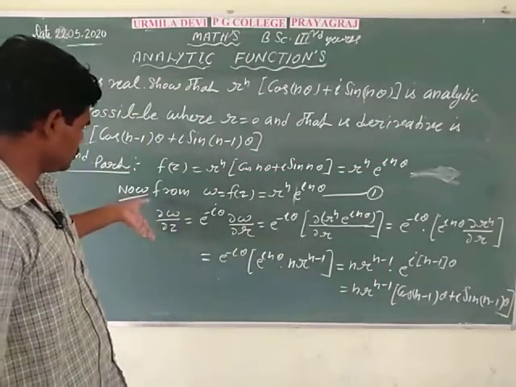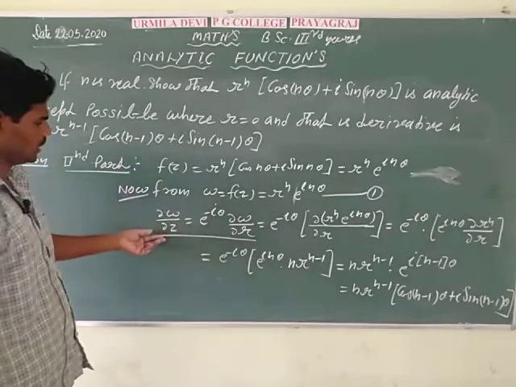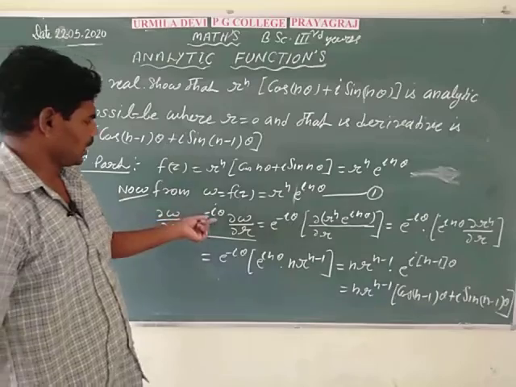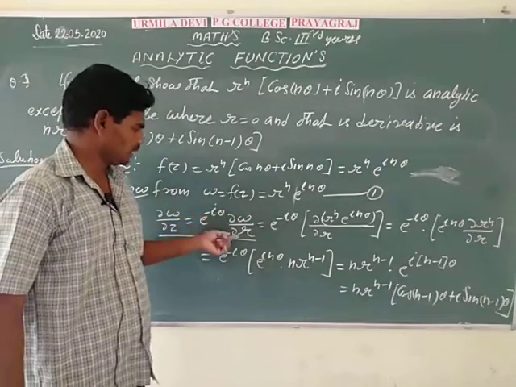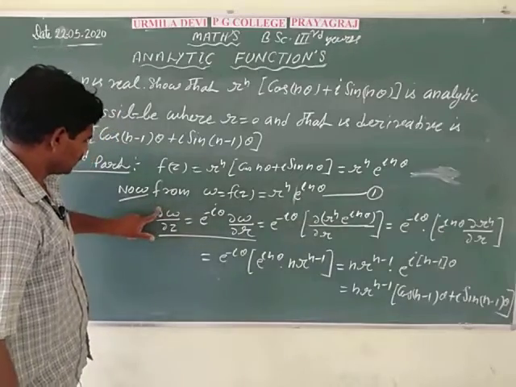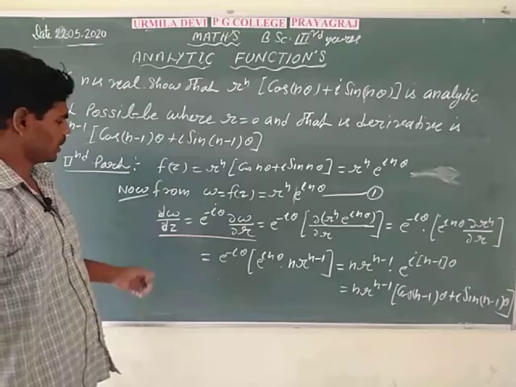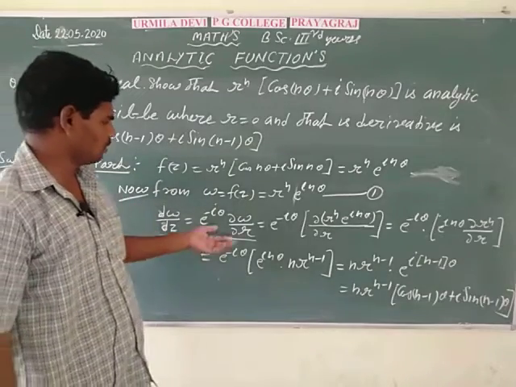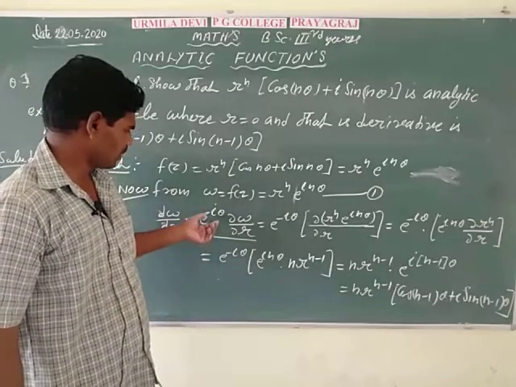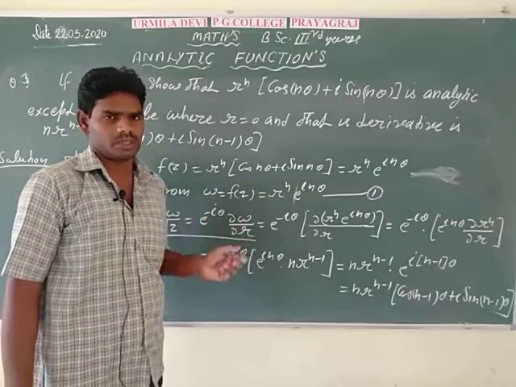Here we used the formula del w by del z is equal to e to the power minus i theta del w by del r, meaning the differentiation of w with respect to z is equal to e to the power minus i theta times the partial differentiation of w with respect to r.